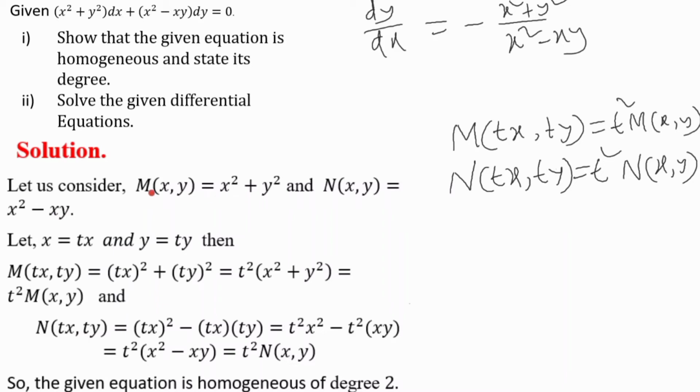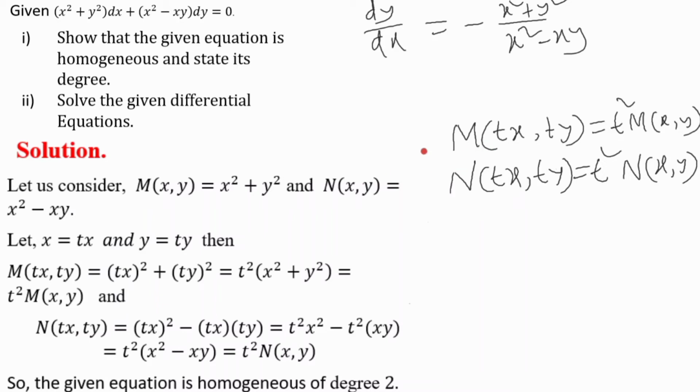Now we put x equals tx, y equals ty in M, and also in N. When we get functions of the same degree, then we call this a homogeneous equation of the same degree.